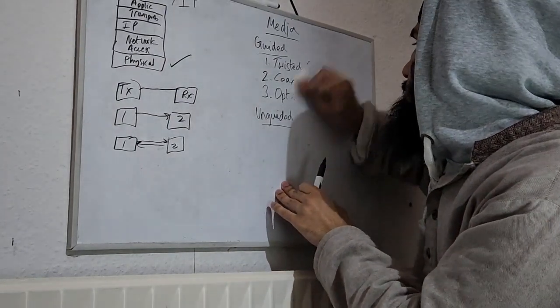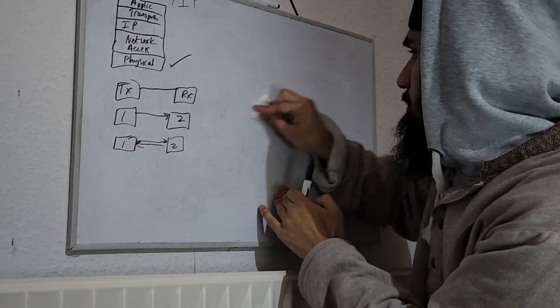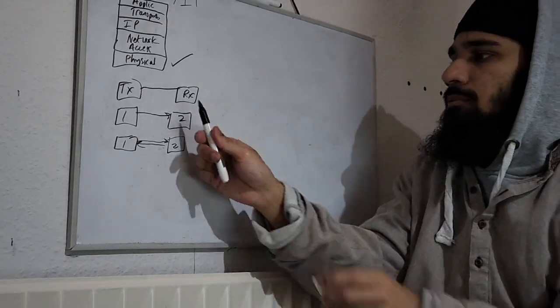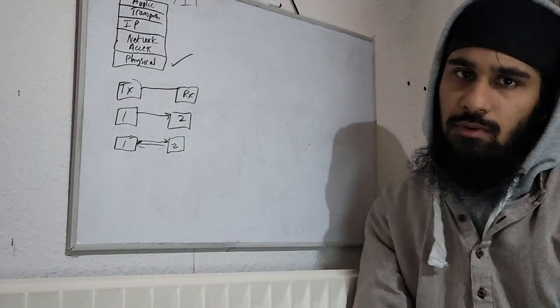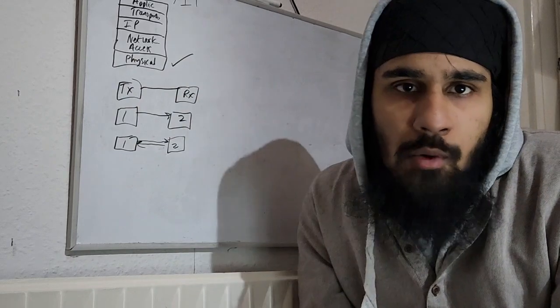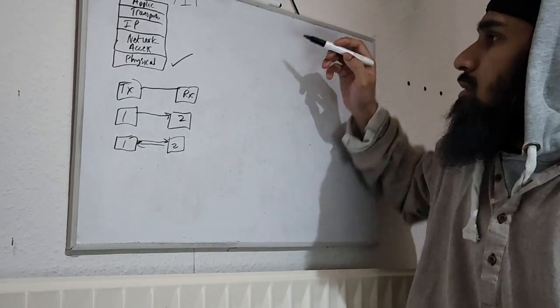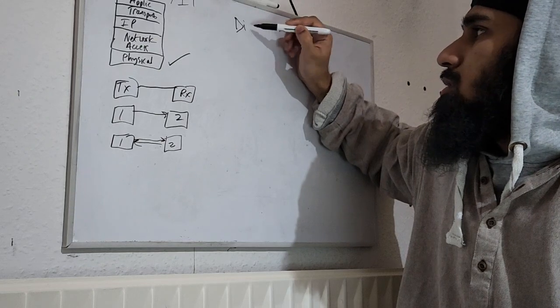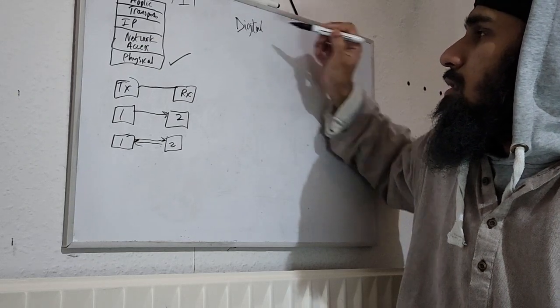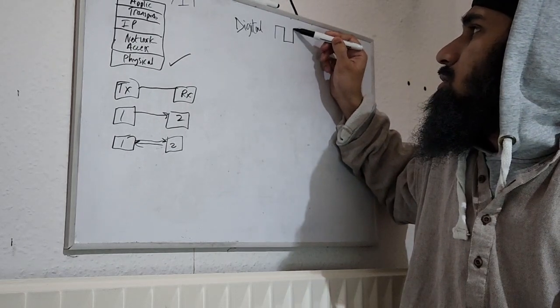So we have a transmitter and then a receiver. How is the data going through? What is digital data? You have ones and zeros.